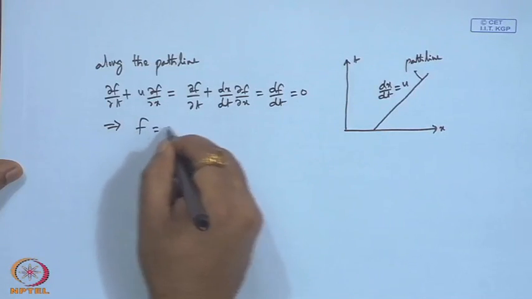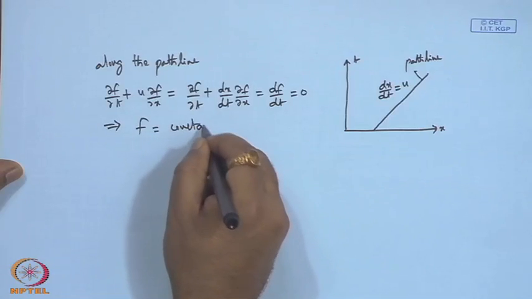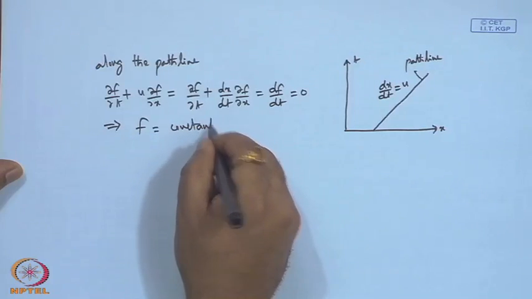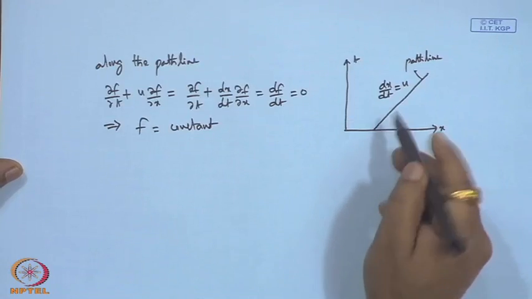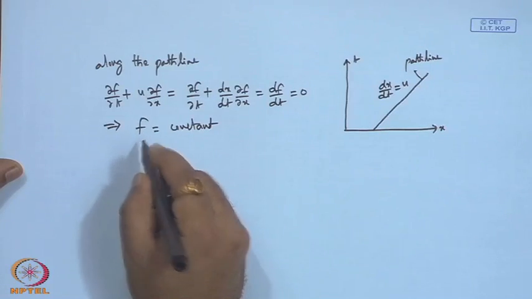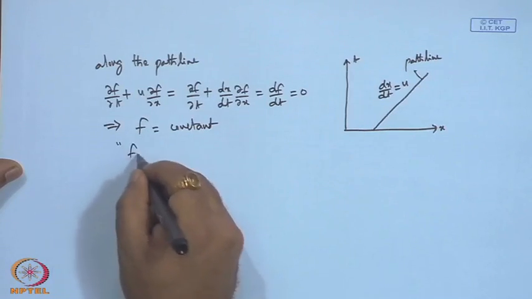That means f is constant. The inference is that the fluid property has been convected.